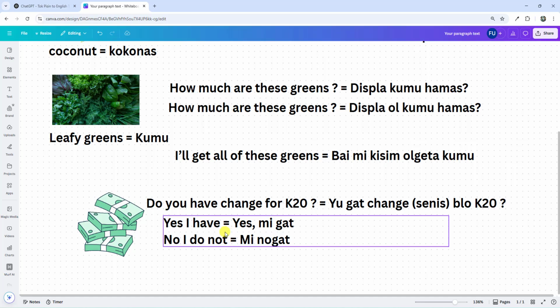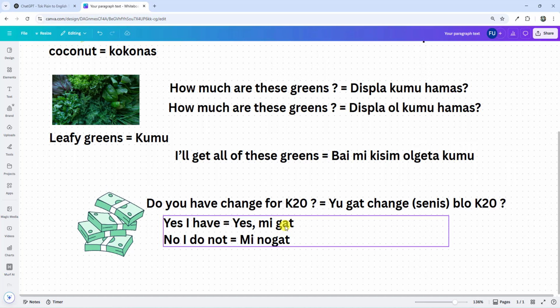The reply that the person might tell you, if they have change, in English the response will be like, yes, I have. In TOK PISIN, they might reply, yes, mi got. Yes is just yes. I have is mi got.